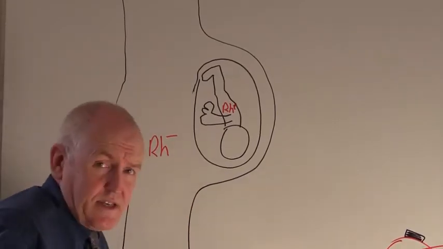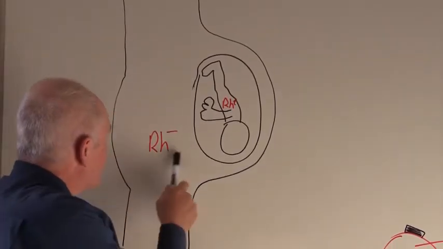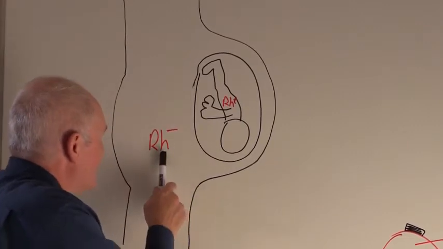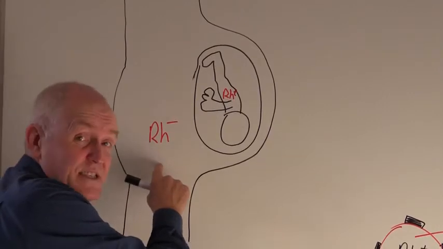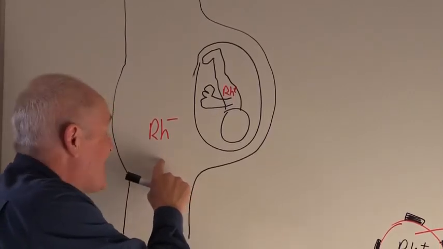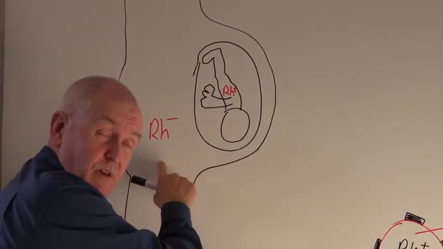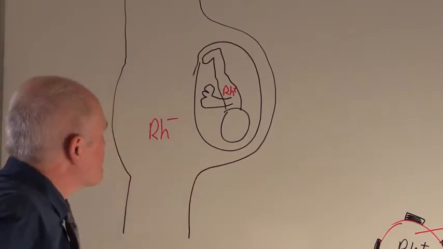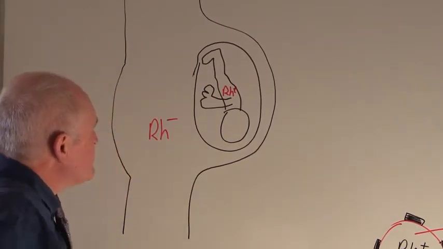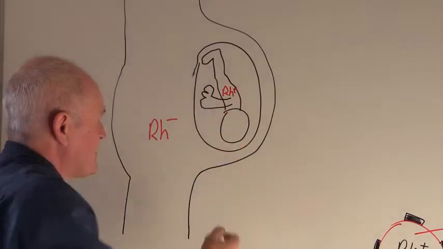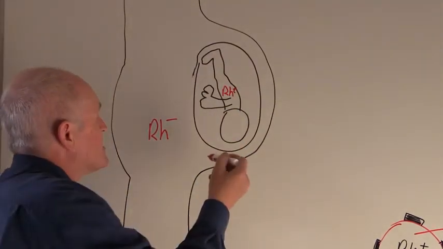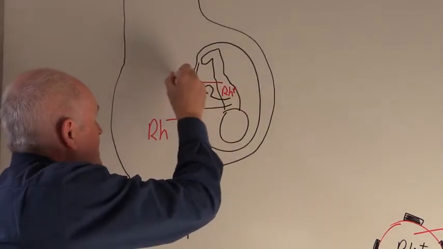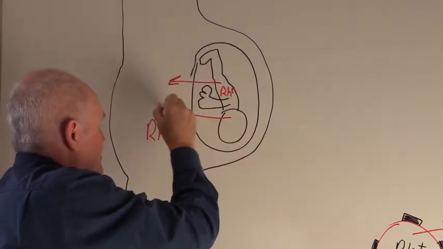So in a first pregnancy with a rhesus negative mother, in this case, the mother will not have any rhesus factor antibodies as long as she hasn't been exposed to rhesus positive blood any time in the past. But now she carries the rhesus positive fetus, and some of the rhesus positive fetus's red cells will get into the maternal circulation.